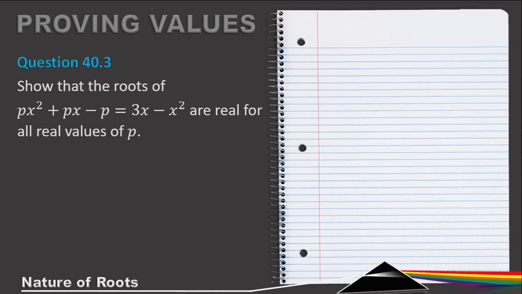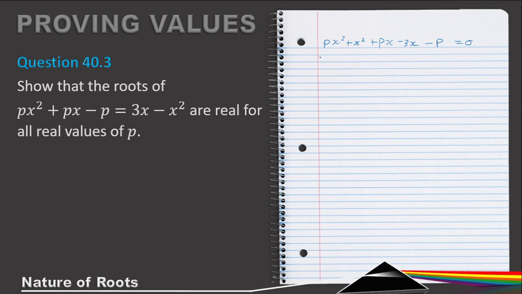Then for question 40.3, show that the roots of px squared plus px minus b equals 3x minus x squared are real for all real values of p. Okay, standard form, that's our first step. px squared plus x squared, and then plus px minus 3x, and then minus b is equal to 0.